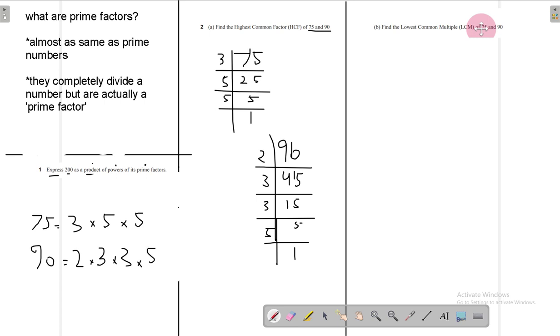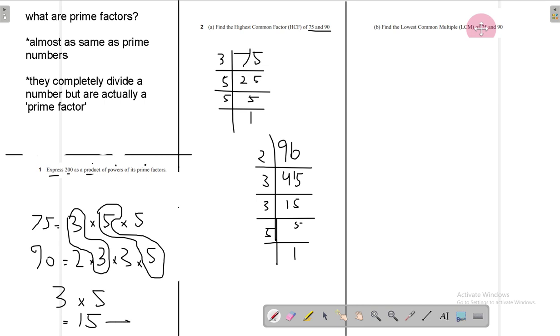Now we're just going to have to find the common factors in it, which are actually 3 and 5. So 3 and 5, I'm going to multiply 3 and 5, which is equal to 15. So the HCF is actually equal to 15.